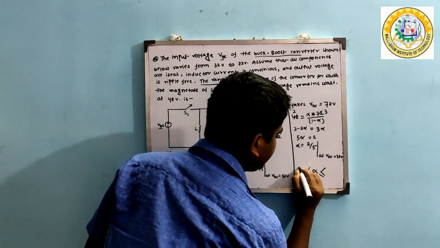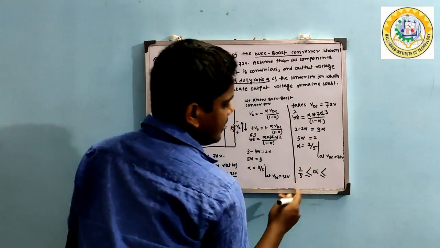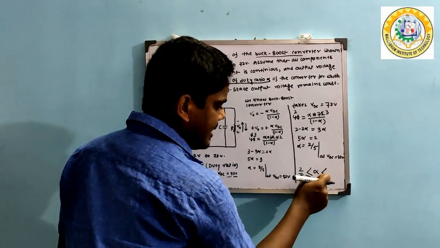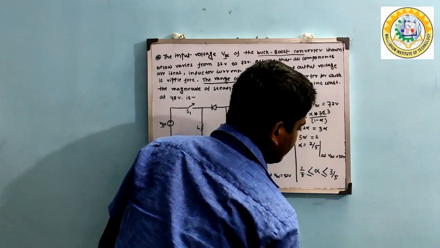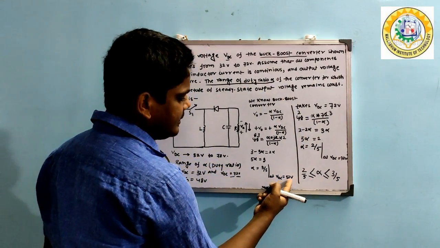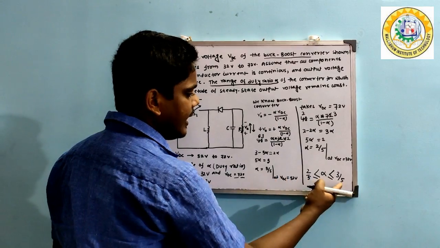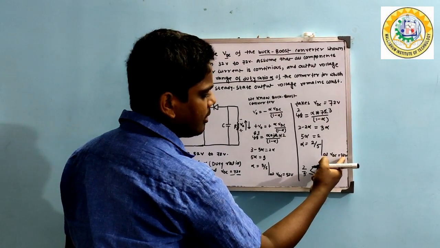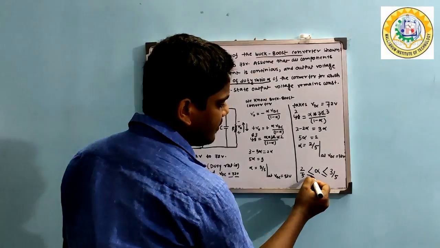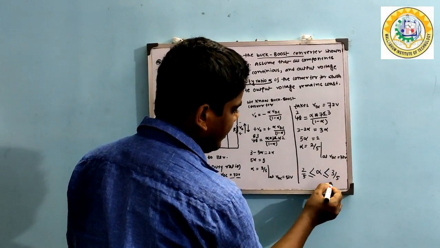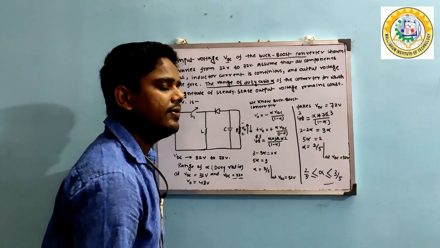So the alpha range is 2 by 5 less than or equal to alpha less than or equal to 3 by 5. When VDC is at a low value, alpha is high, and when VDC is at a high value, alpha is low. Thank you.